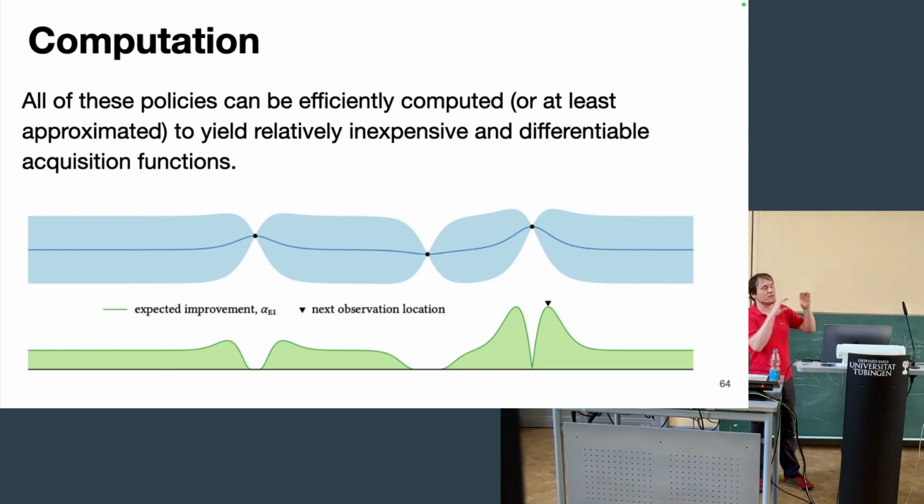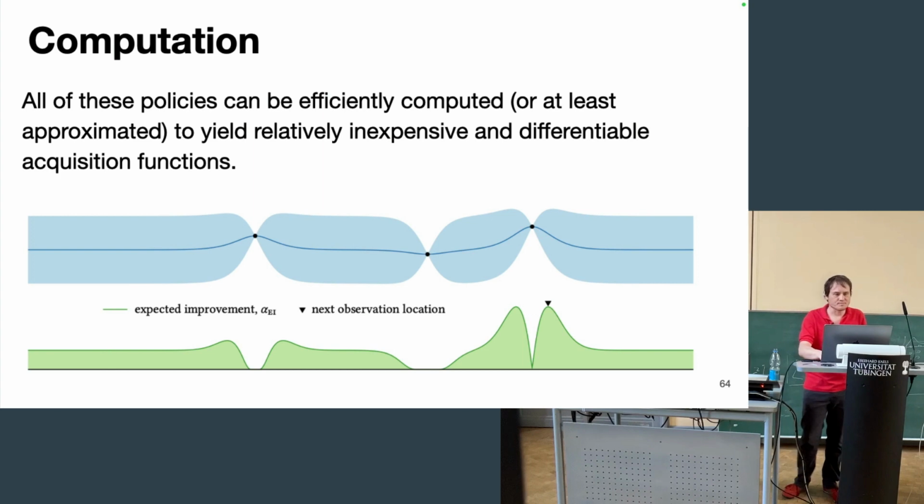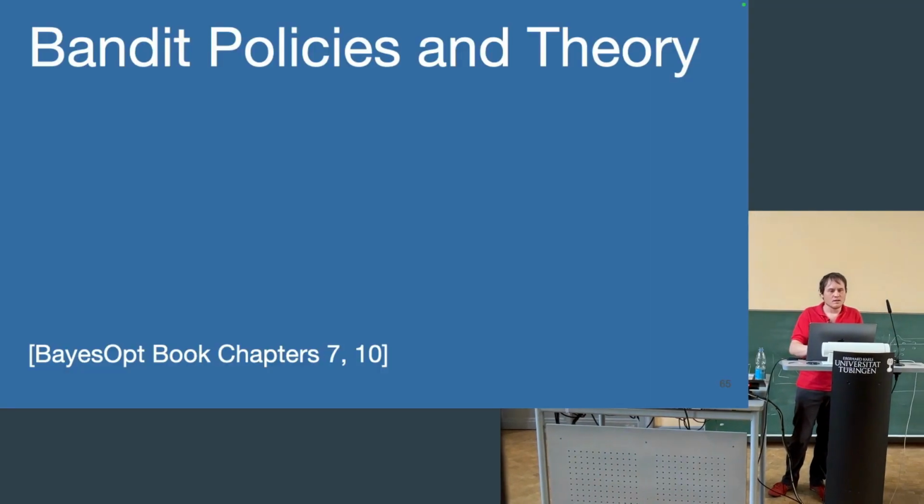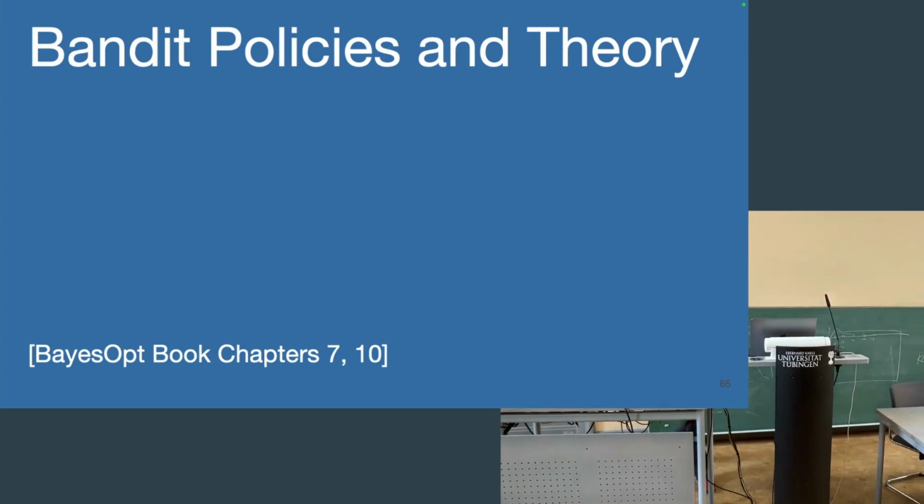And so we've reduced optimization of an expensive non-differentiable function to the optimization of an inexpensive differentiable function. And so we can use off-the-shelf methods to exhaustively optimize them. And so for all of these policies, for all these utility functions, I can either exactly compute this expected utility, or I can at least approximate it effectively, yielding effective algorithms. OK.